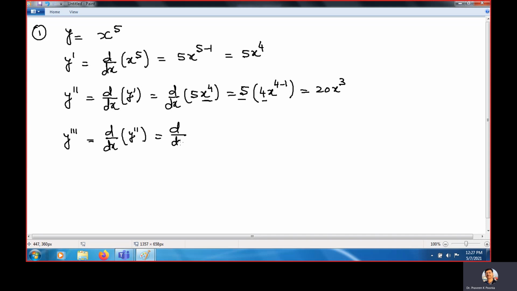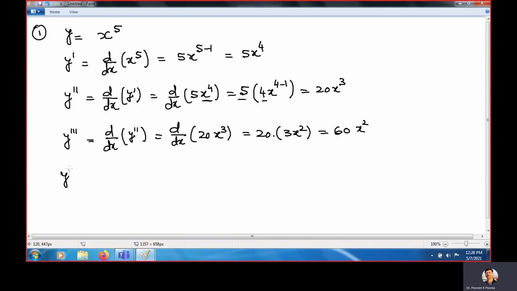It will be d by dx of 20x power 3. So 20 is out, and what is the derivative of x power 3? 3x power 2. It is 20 into 3 is 60. Clear? 60x power 2. This is the answer.